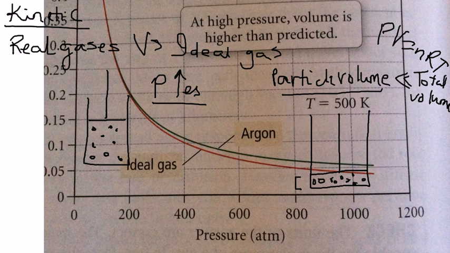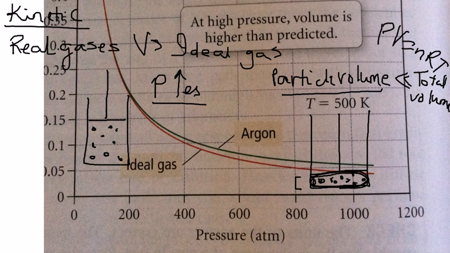That is true for the most part. However, if you increase the pressure so much that now the size of the gas molecules and the total volume are pretty much in the same order, you will need to worry about that, and you will have to perform a volume correction.